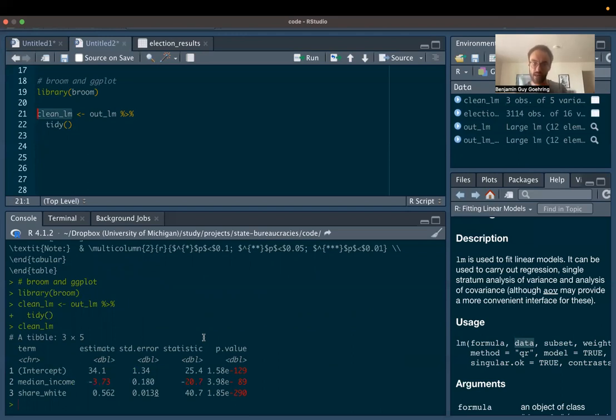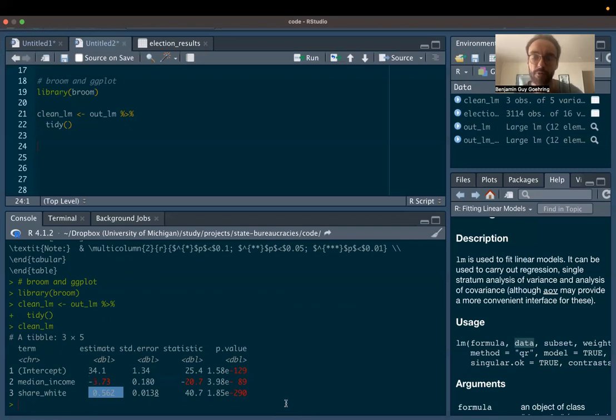So this one contains, again, our estimate, our standard error, and then information about confidence, like these p-values. So what do we want to show? What I want to show is I'm not really interested in this intercept term. I'm interested in plotting our estimate of median income and share white, those two coefficients here, as well as a measure of how confident we are in those estimates.